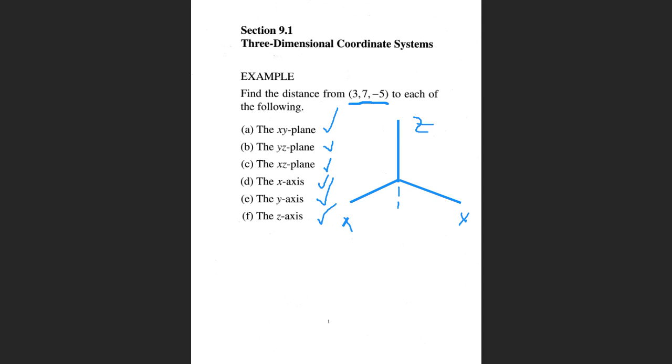Some of these, yes, you could use the distance formula, but some of these problems, you might be able to intuitively figure out what the distance is. So let's just look at the first one here.